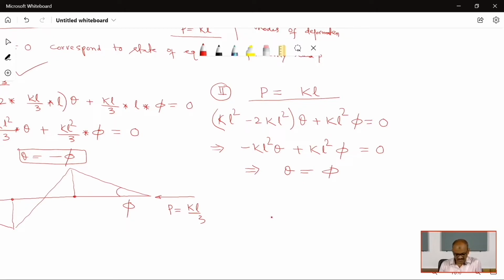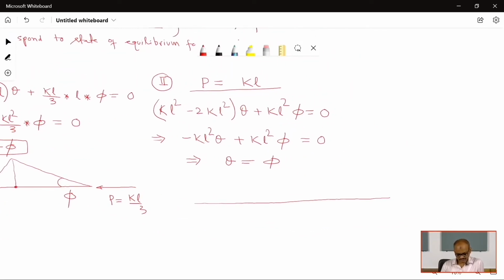And the mode shape corresponding to this P is equal to KL and theta is equal to phi, I can draw here. This is the 3 rigid bars connected together. This load applied P value is equal to KL, and when P is equal to KL, the shape will be like this.